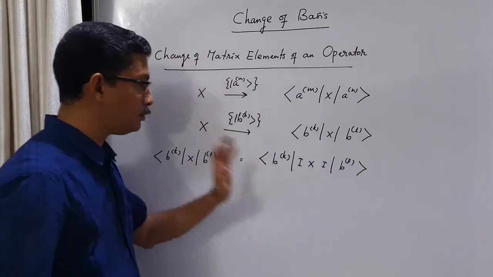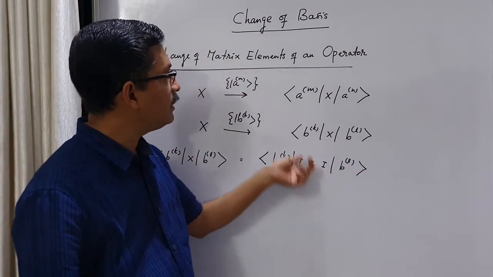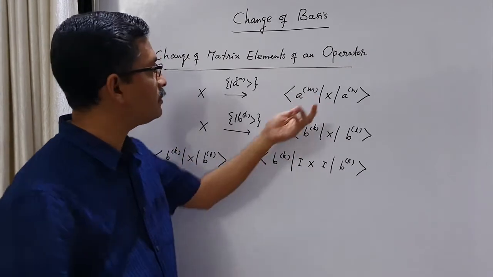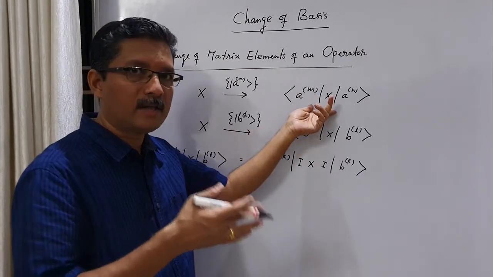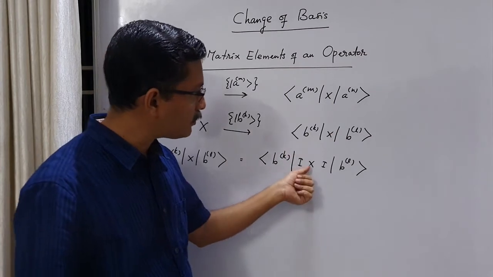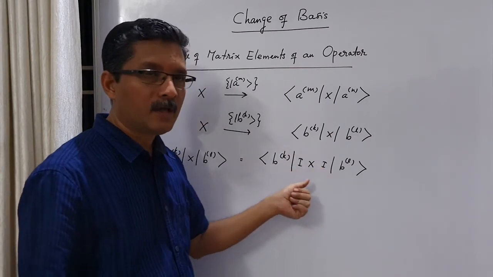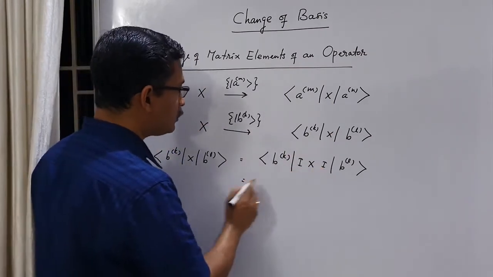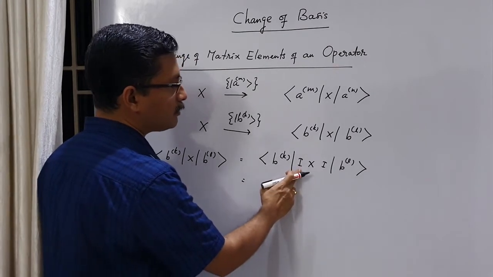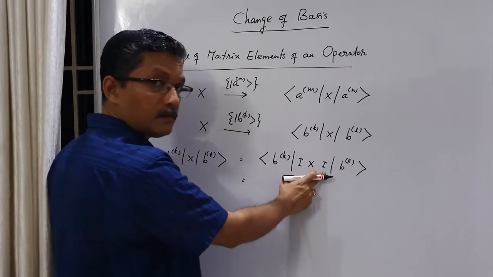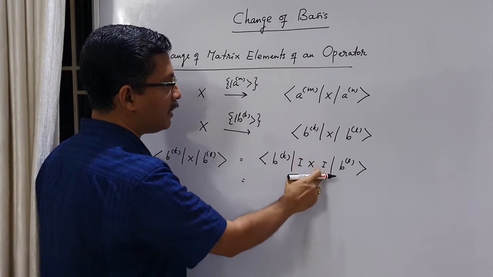The idea is to rewrite this in terms of the matrix elements of X in the old basis. For that we have to introduce the old basis on either side of X. Let me use M for this side, N for this side.